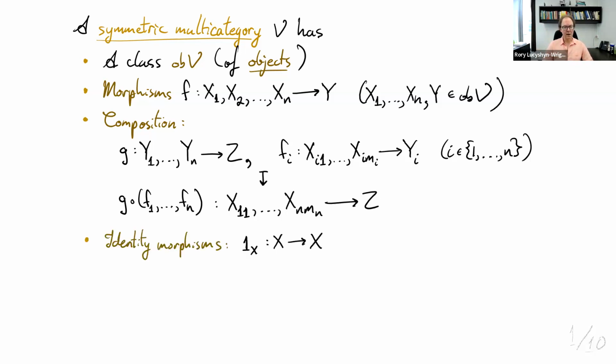And we also want to have identity morphisms for each single object. And in a symmetric multicategory, we also have what we can call permutation actions that do the following.